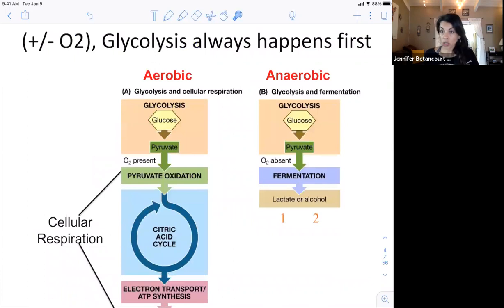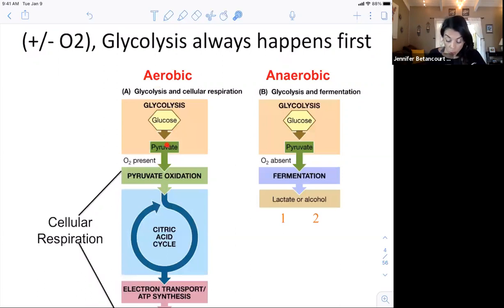So as I mentioned in the first slide, glycolysis happens first no matter what kind of metabolism you do, whether there's oxygen or not. If there's oxygen, we call it aerobic, or if there's no oxygen, we call it anaerobic. And you can see basically that both of them start with glycolysis. The starting substrate for glycolysis is glucose no matter what, and it's typically going to be in the ring structure shape rather than the straight chain.